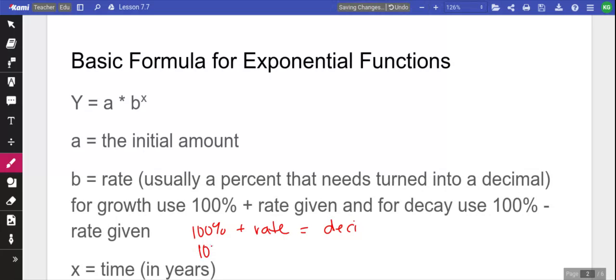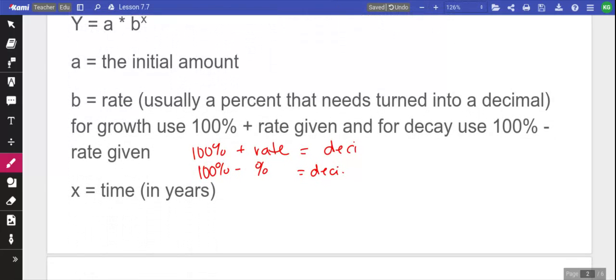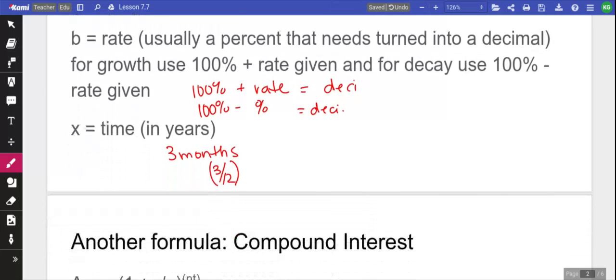And if it's decay, we're going to do 100% minus the percent given, and again turn it into a decimal. And for the x power, it's going to be our time, and we have to make sure that we're giving that time in years. So if we were given 3 months, we would have to take 3 divided by 12 to figure out how much of a year that is.